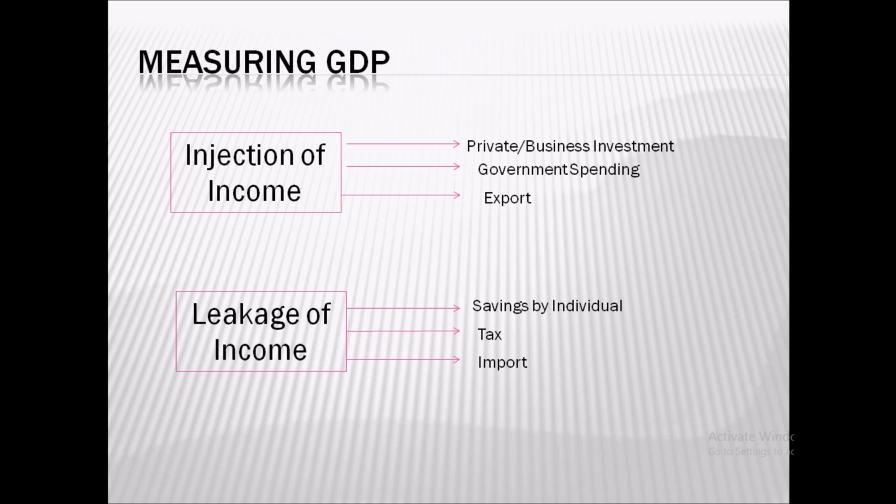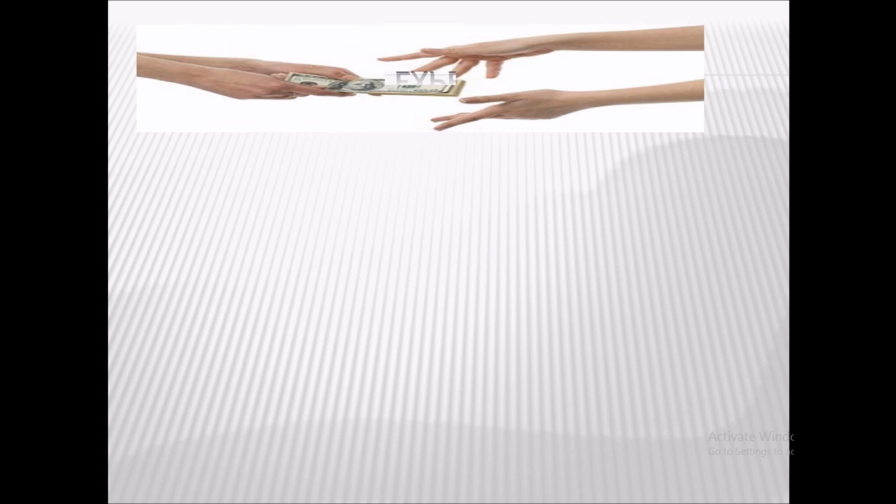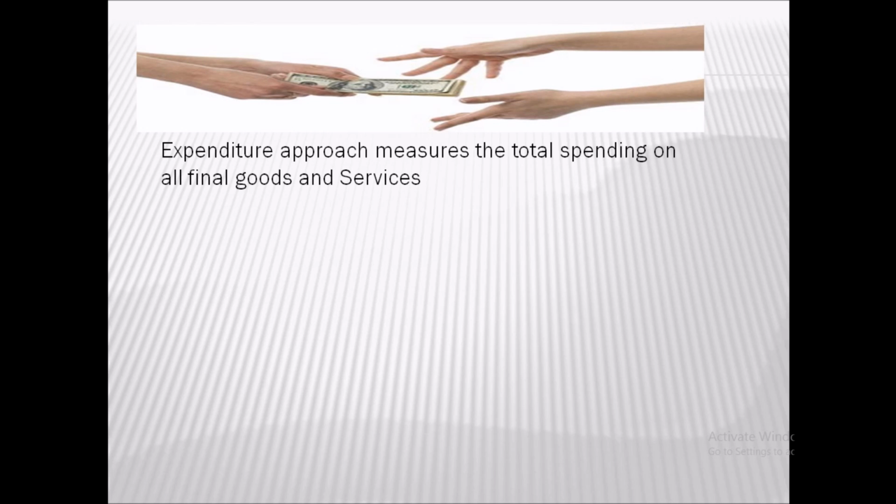When you calculate GDP, you have to consider these aspects of injection and leakages of income happening in the economic system. Okay, now let's look at the expenditure method for measuring GDP. In the expenditure approach, it measures GDP based on the total spending on all final goods and services.